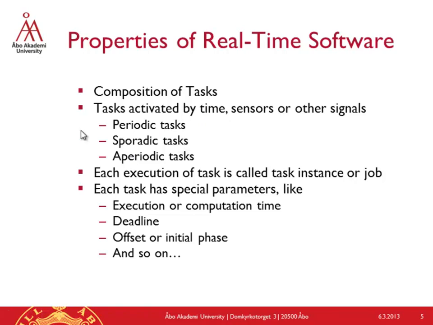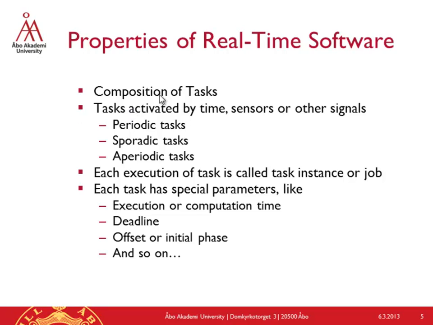Another sort of task is the sporadic task. This task might be executed with some sort of period, but this period is not constant. So this might be a minimum period or an almost unlimited period of time. And so-called aperiodic tasks are not executed with any period. So they may be just one-time execution tasks.